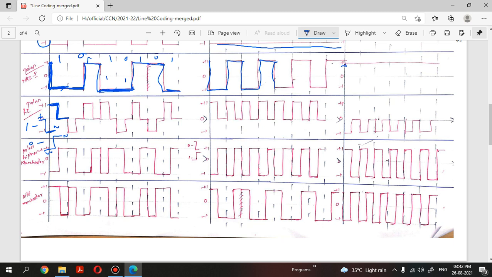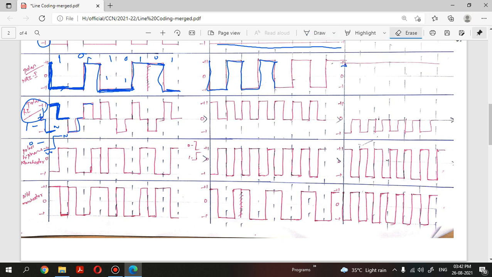So when the receiver starts decoding, if it finds a neutral voltage, it means it's the end of a data bit. That is the advantage of the polar RZ mechanism. Both 1 and 0 end up with neutral voltage. Look at this, this is 1, next one is 0, so it should be from negative to neutral, and next one is 1. This is how it needs to be drawn.